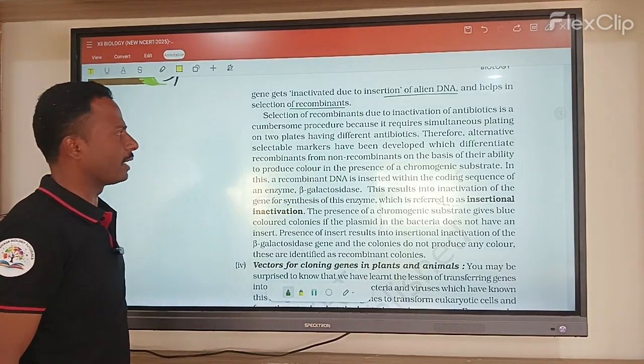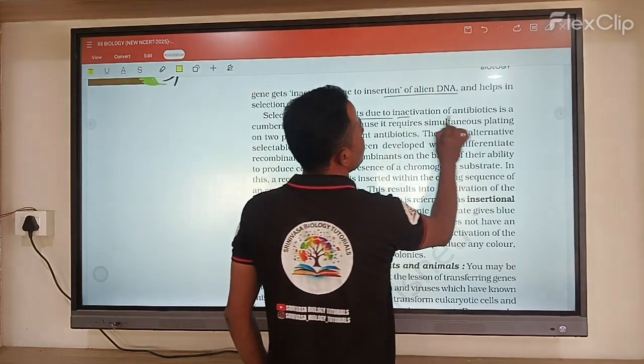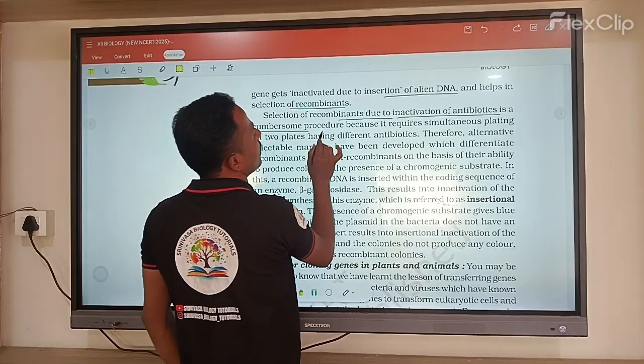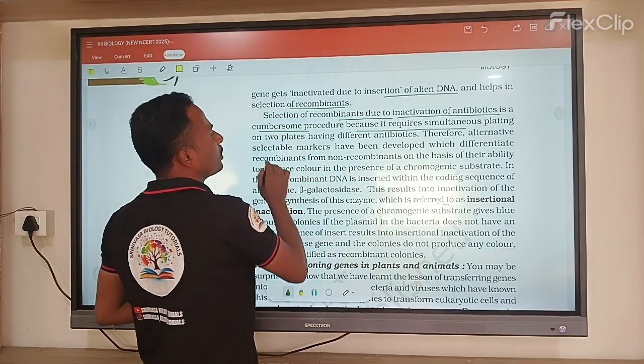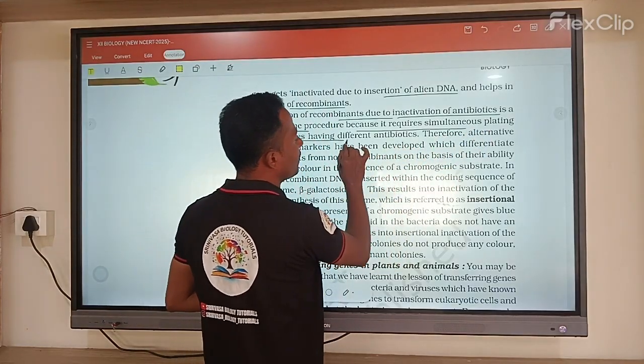Okay, next. Now the selection of recombinants due to inactivation of antibiotic resistance is cumbersome. The procedure requires simultaneous plating on two plates having different antibiotics.